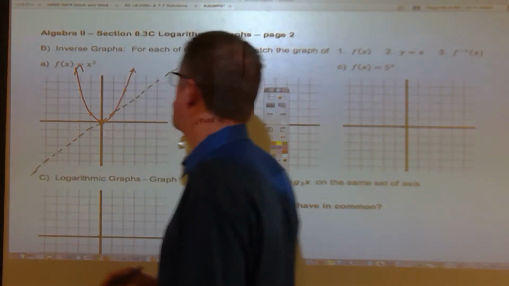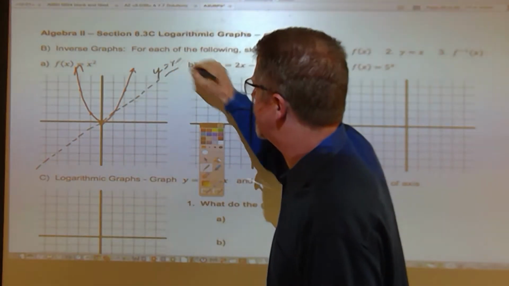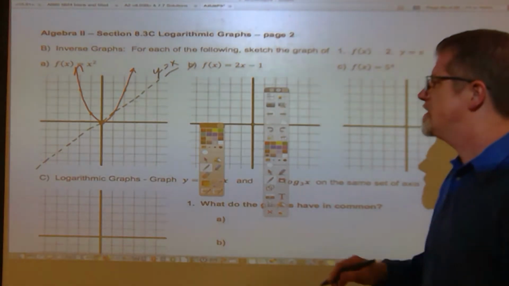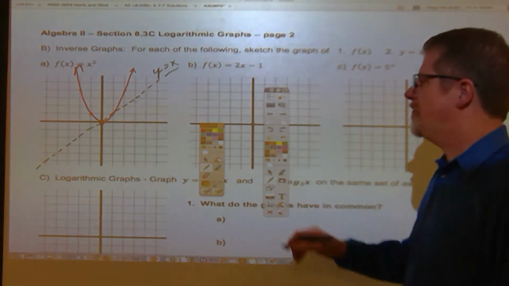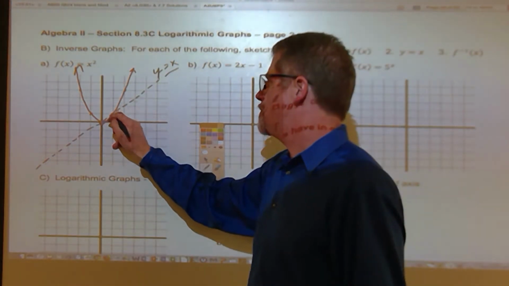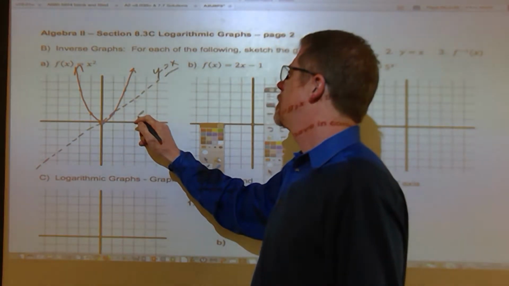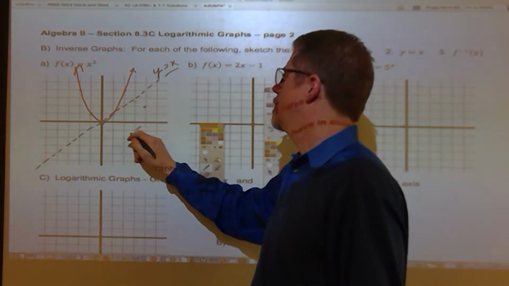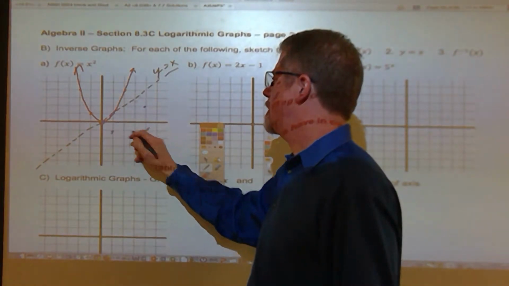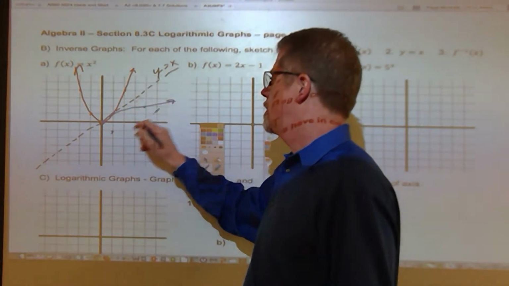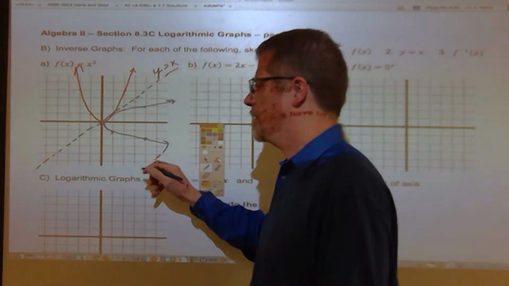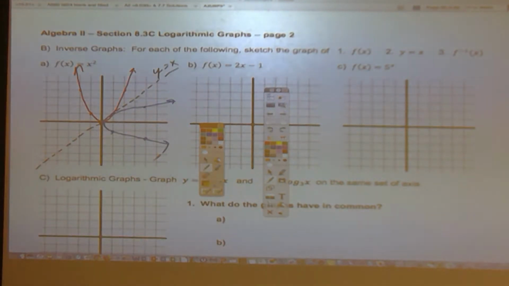Go through the appropriate points of intersection, label it y equals x. And when you take each point on the red graph and let the x and y coordinates trade places, it should look like this. A parabola that opens up and a parabola that opens to the right.